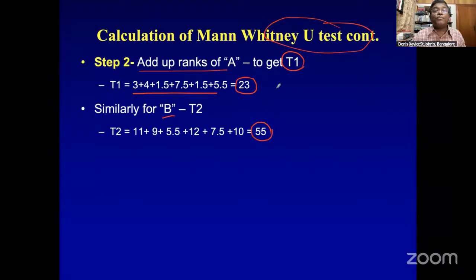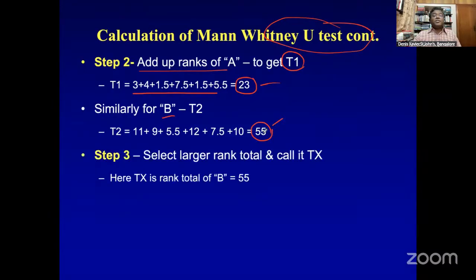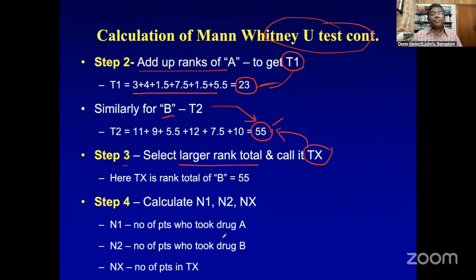So the score for group A is 23, score for group B is 55. Right? So step 3 is you select the larger rank total and we call it TX. This is T1, and this is T2. The larger of the two rank totals is TX. So now this is clearly larger, so this is TX now. We call this TX. Okay.